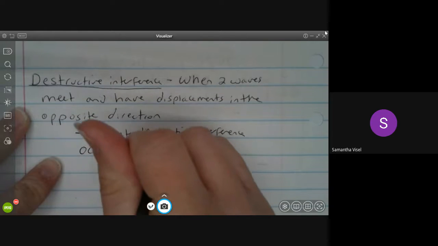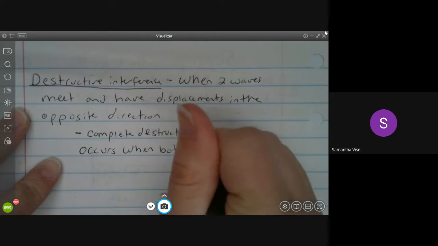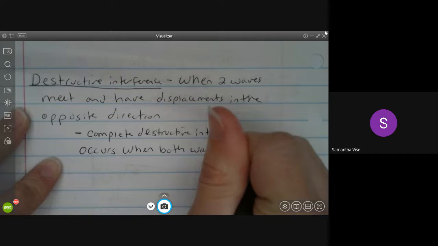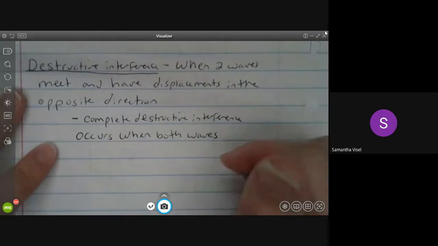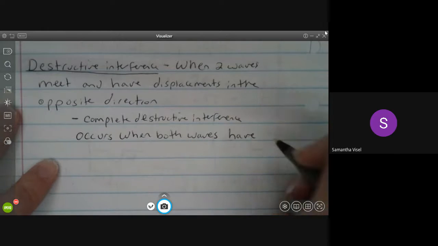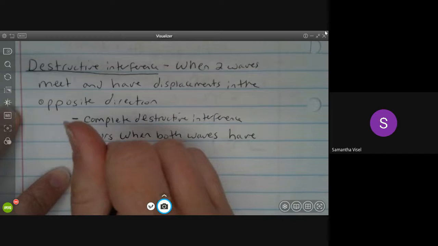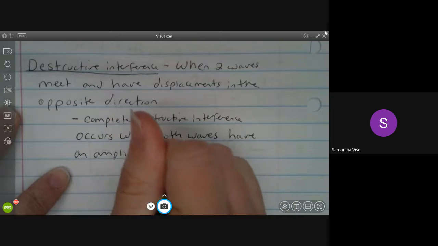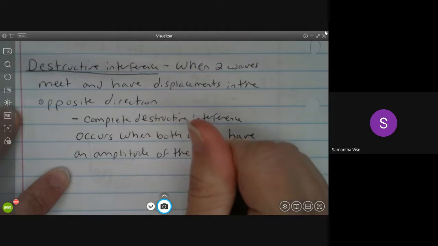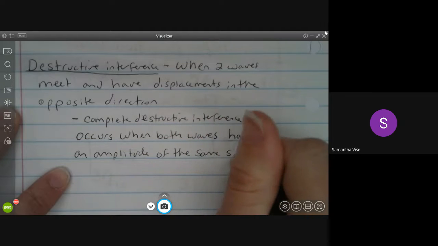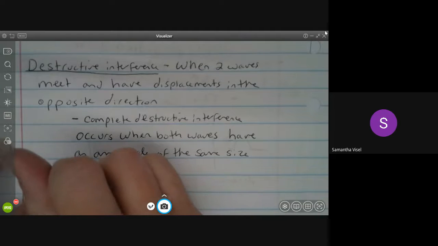when both waves have an amplitude of the same size but opposite direction.